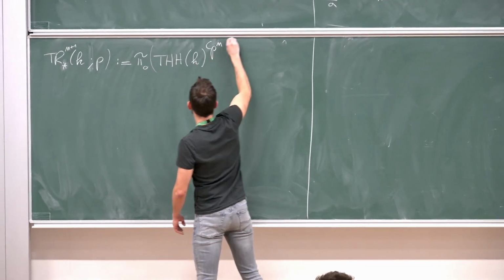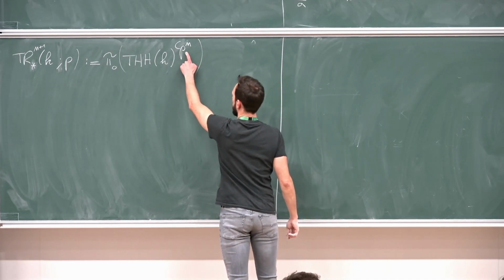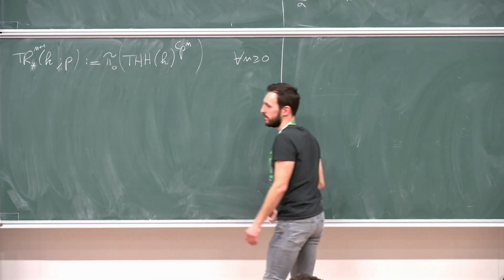So we take the genuine fixed points of THH by the cyclic group of order p^n, for all n greater or equal than 0. You know this, right?